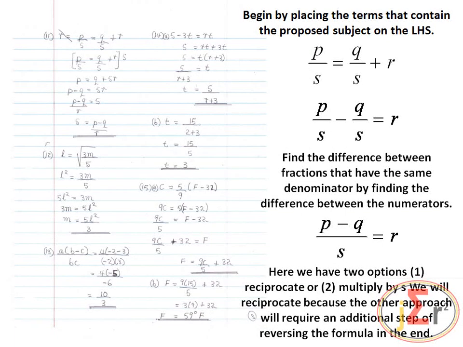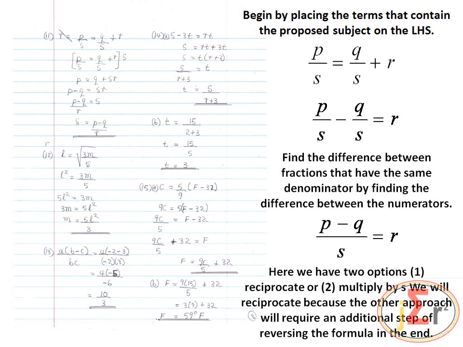Here we have two options. One, reciprocate. Two, multiply by S. So at this stage we are faced with two possibilities. As a matter of fact, we may consider that we have a lot, but I am just taking consideration of two of them.